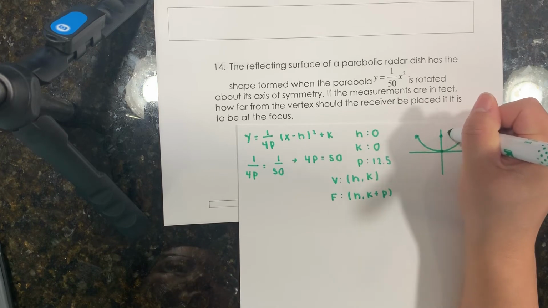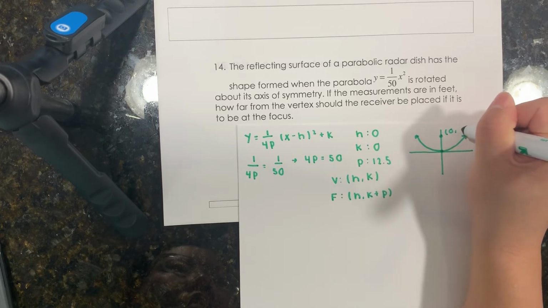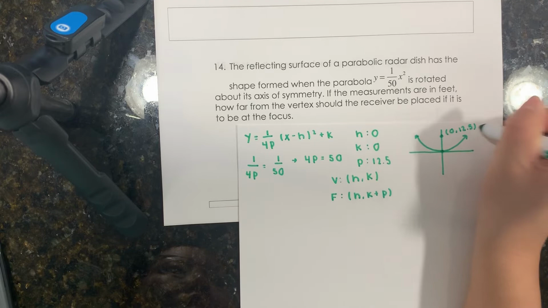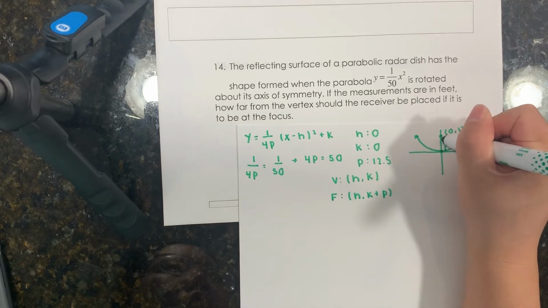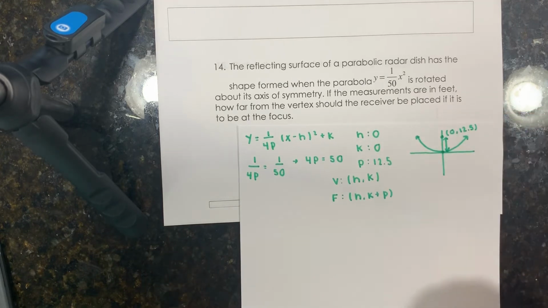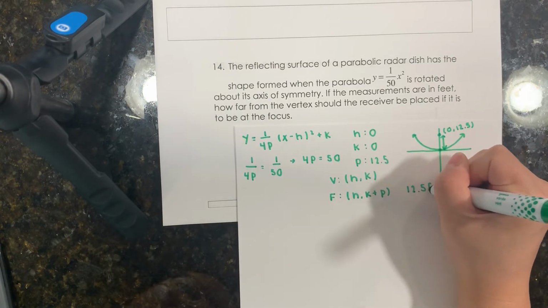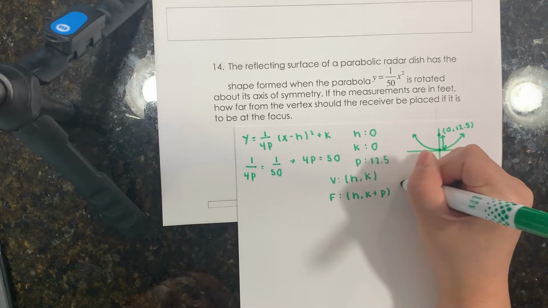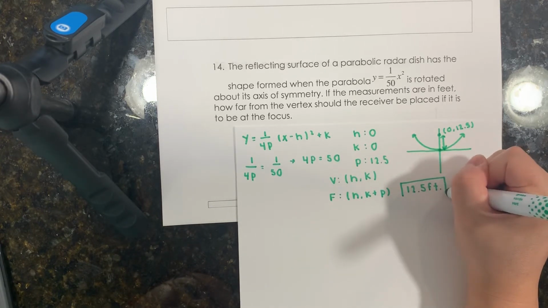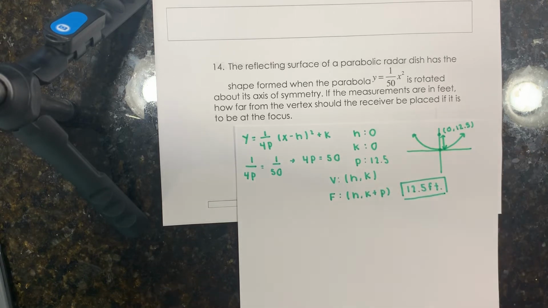So that means that the focus is going to be 12.5 feet away from the origin. So your answer is just 12.5 feet. You just needed to calculate the distance away from the vertex, which was 12.5.